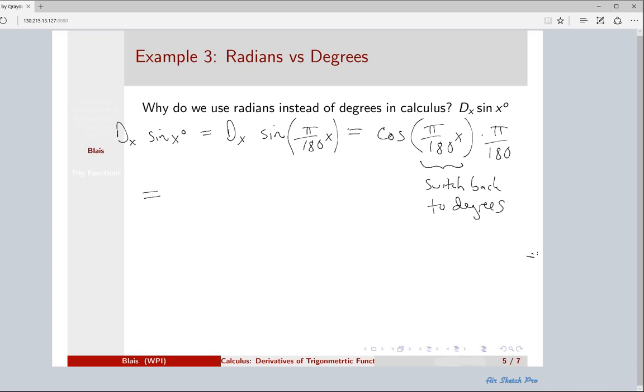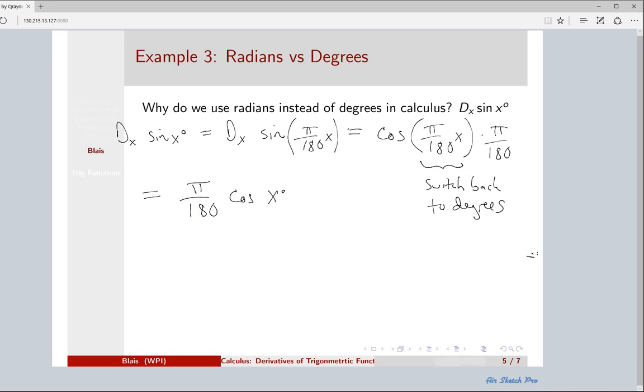And we get an answer of pi over 180 times cosine of x degrees. So this is the key. If you're working in degrees, the derivative with respect to x of sine of x degrees is pi over 180 times cosine of x degrees.